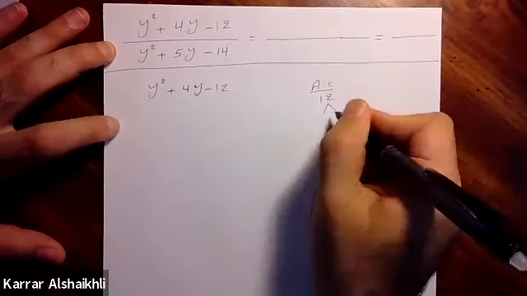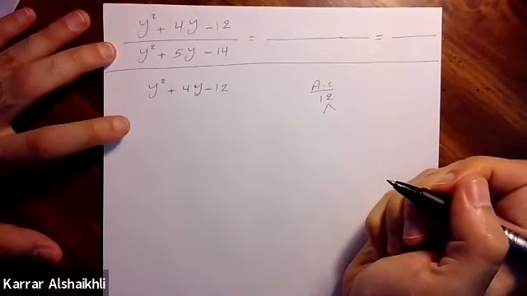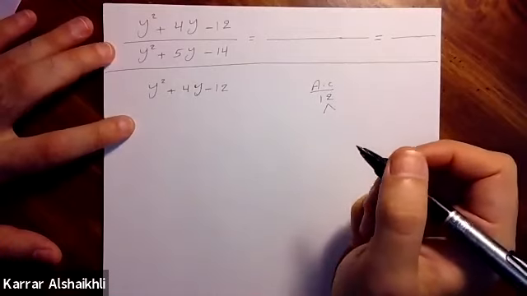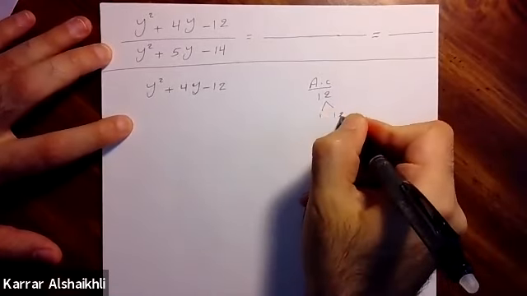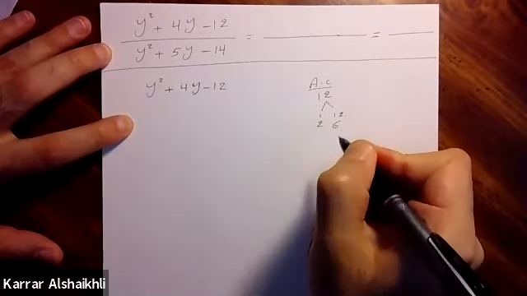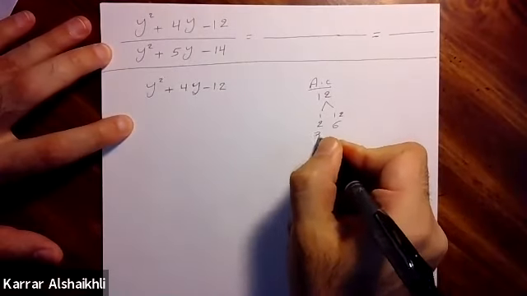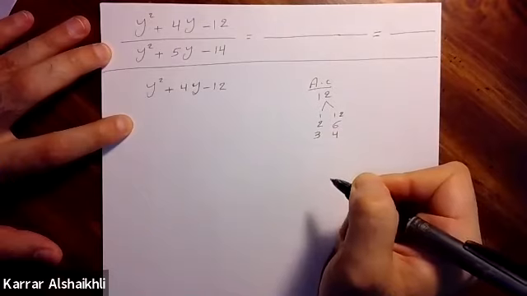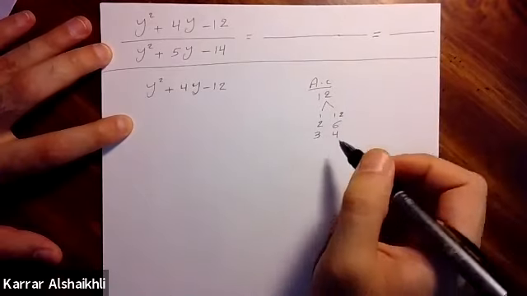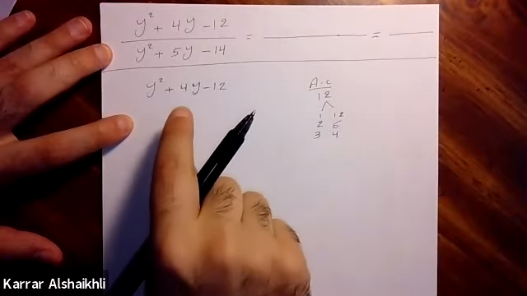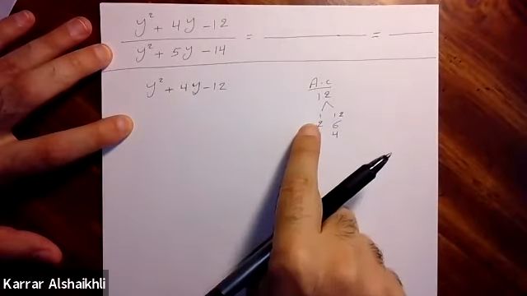Let's factor the 12 into two numbers: 1 and 12, 2 and 6, 3 and 4. That's it. Of these factor pairs of 12, which one am I going to use to get 4? I'm going to use the second option, but I'm going to say -2 plus 6.